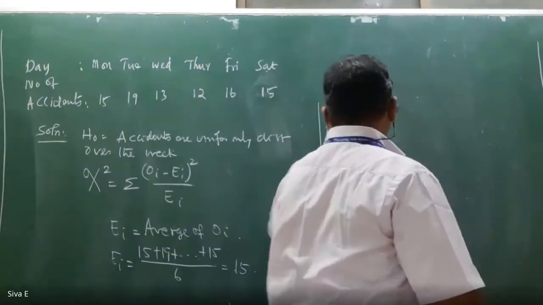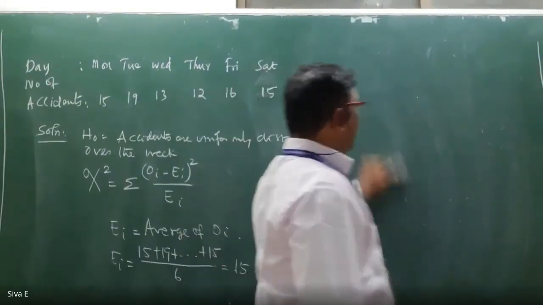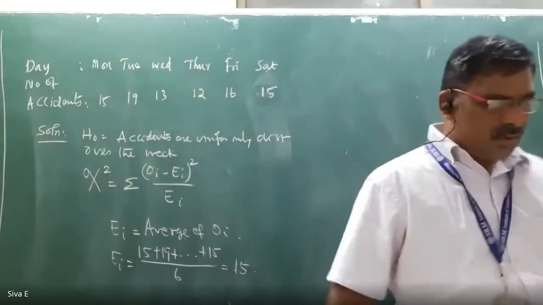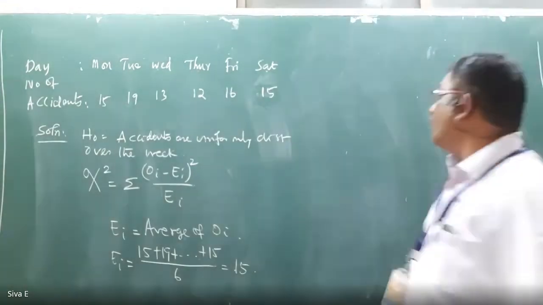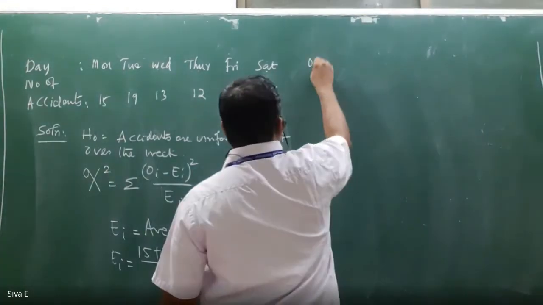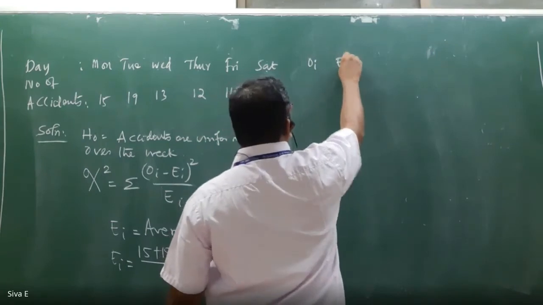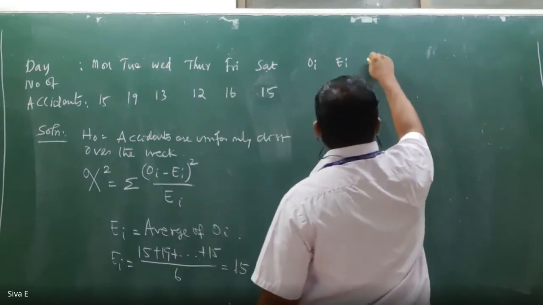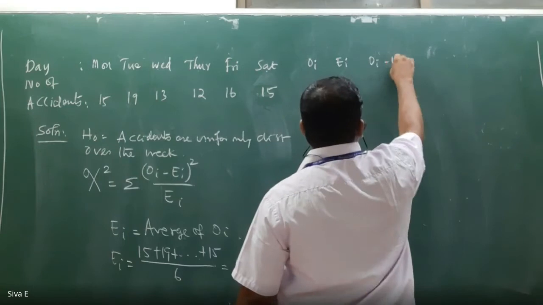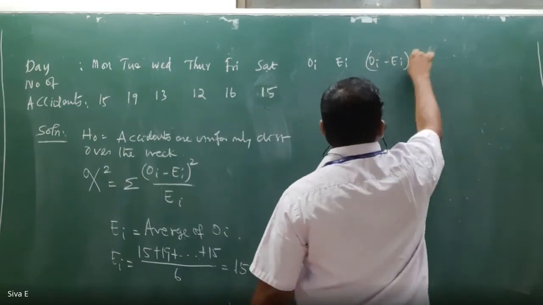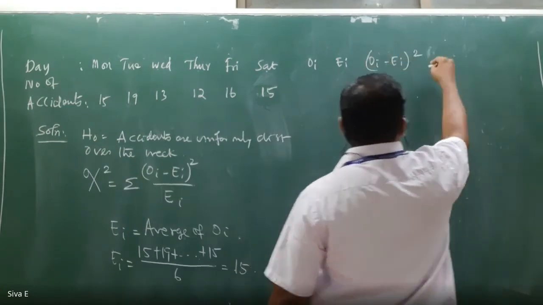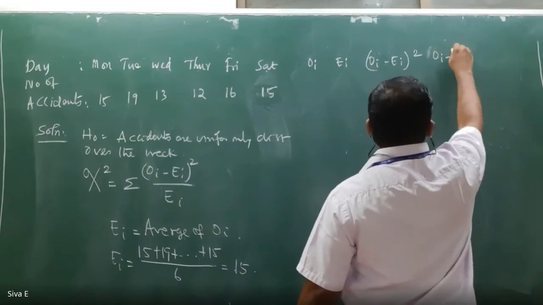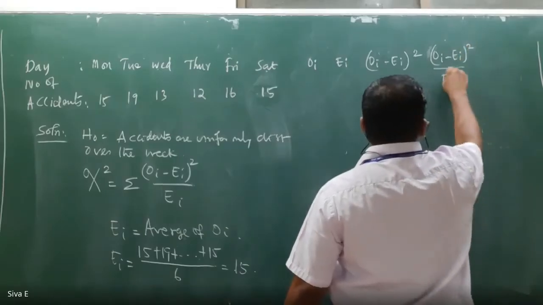Next, we go to the table. You have to form one table to find the chi-square test. The first column is OI, the second column is EI, the third column is (OI minus EI) whole square, the fourth one is (OI minus EI) whole square by EI.